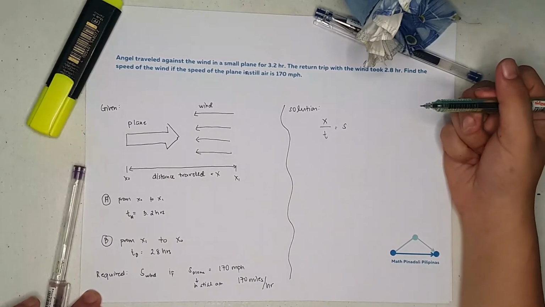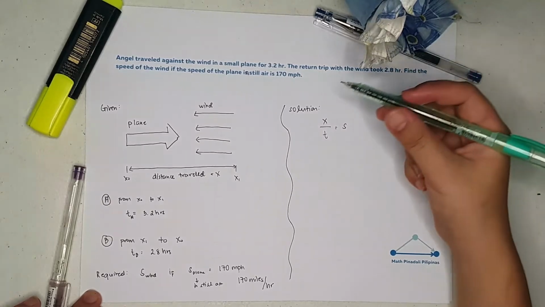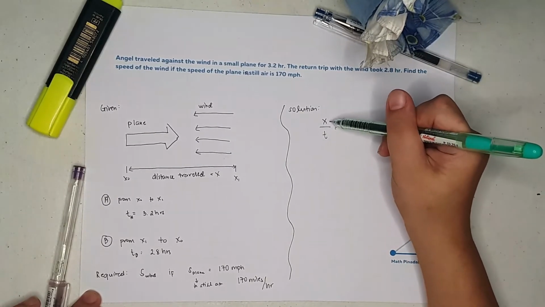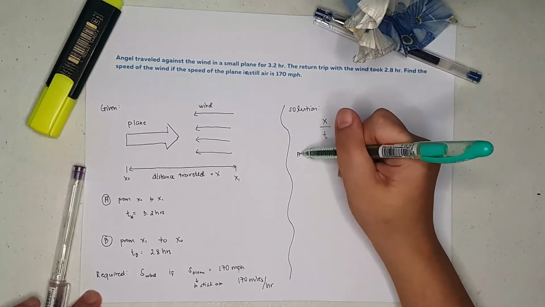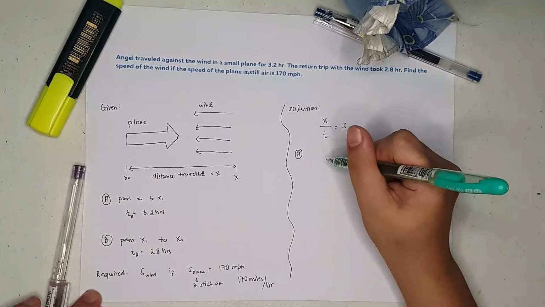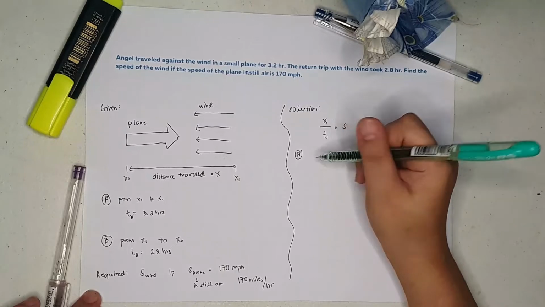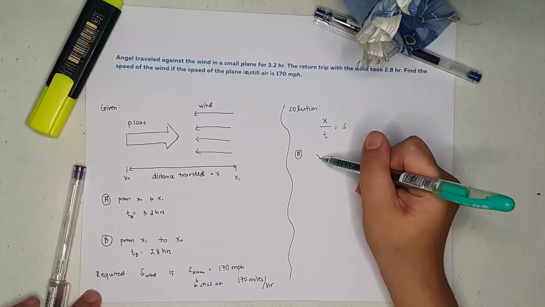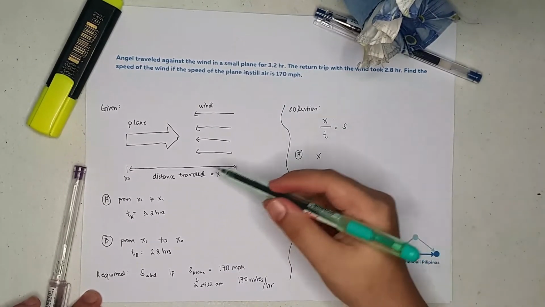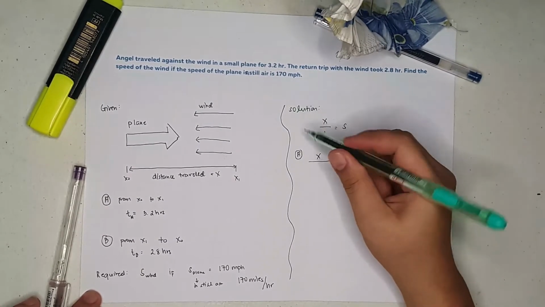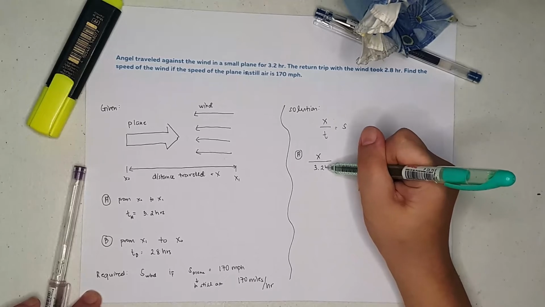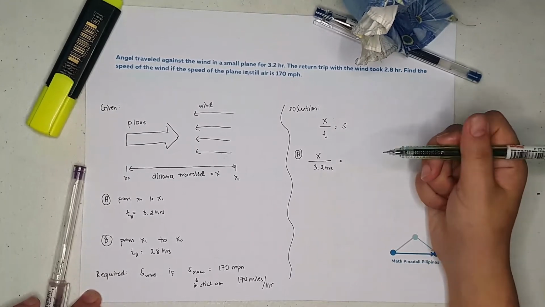For scenario 1 or A, this is the distance traveled. So the distance traveled is x over 3.2 hours, is equal to speed.